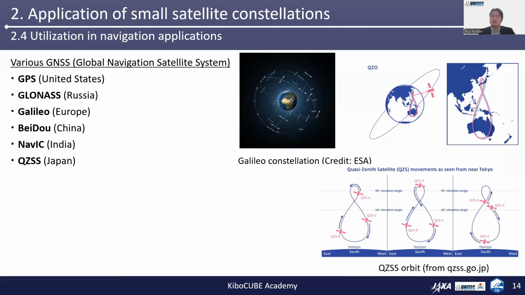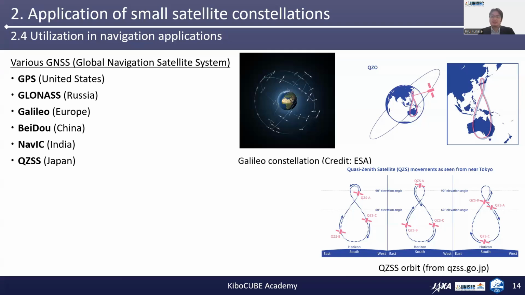Recently, other countries and regions have been building their own positioning and navigation systems in addition to the GPS of the United States. For example, Russia's GLONASS has a satellite orbit and configuration that places emphasis on coverage of the polar regions. Another example is Japan's QZSS, Quasi-Zenith Satellite System.